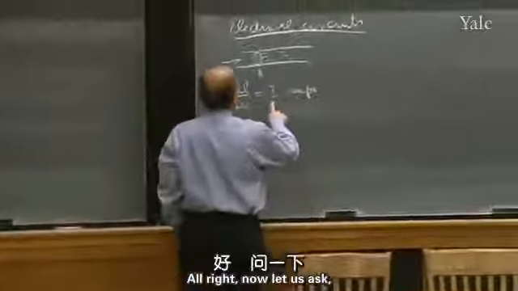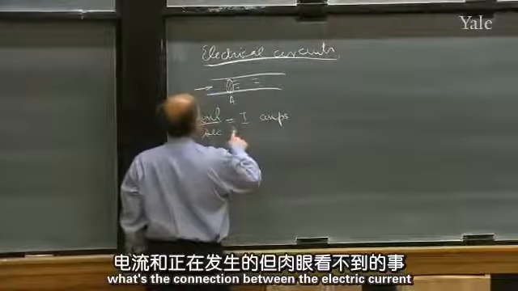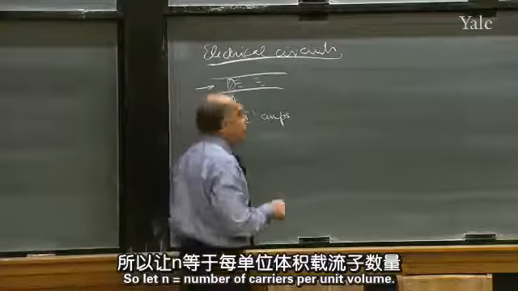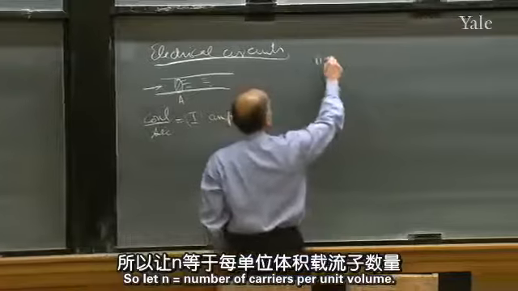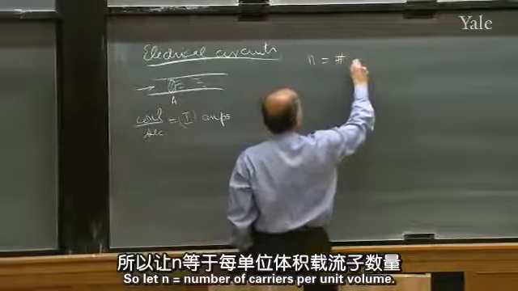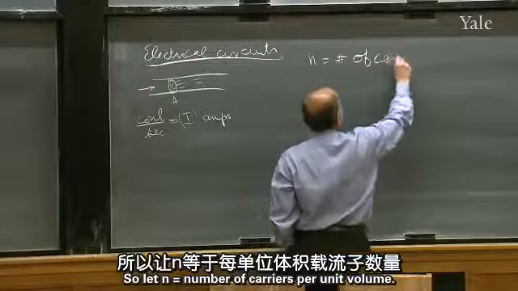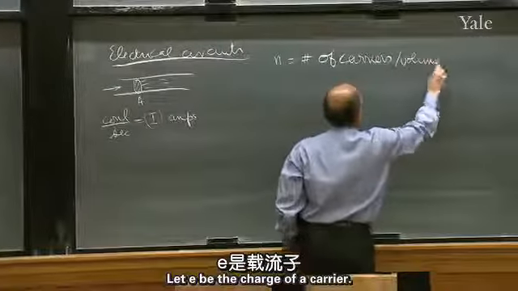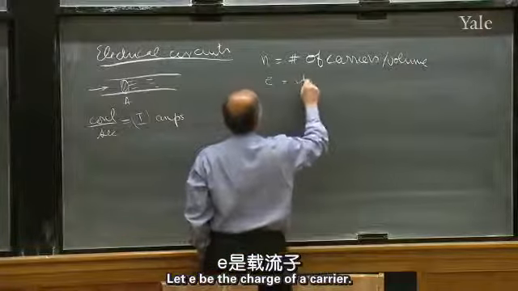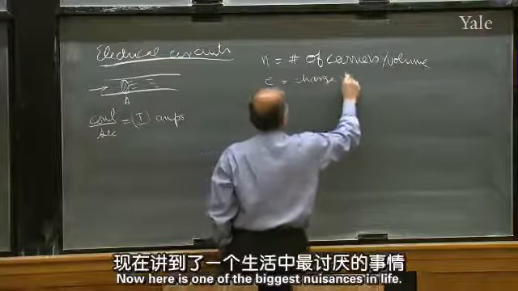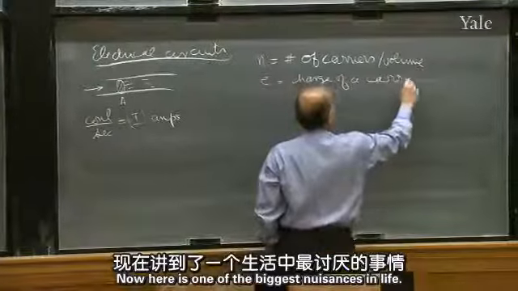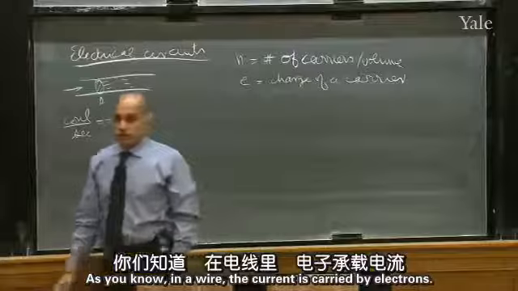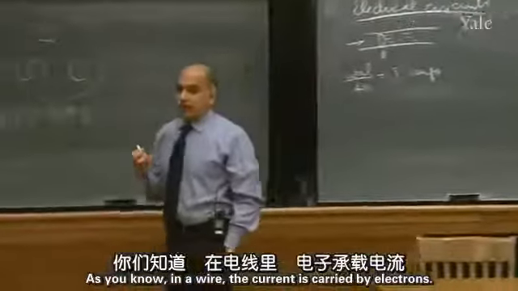All right, now let us ask, what's the connection between the electric current and what's going on microscopically? So let N equal the number of carriers per unit volume. Let E be the charge of a carrier. Now here is one of the biggest nuisances in life: in a wire, the current is carried by electrons.